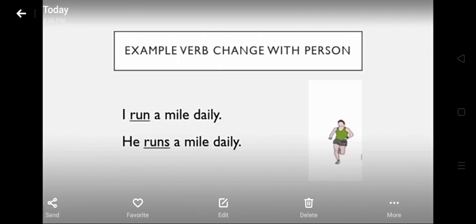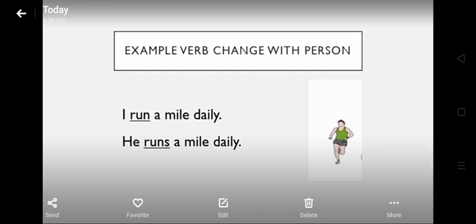Next is an example of a verb that changes as per person. This means the verb will change as per the subject, whether it is in the first person, second person, or third person.